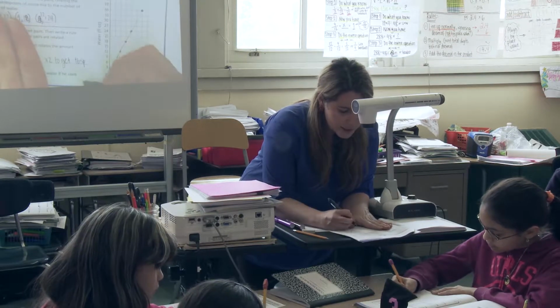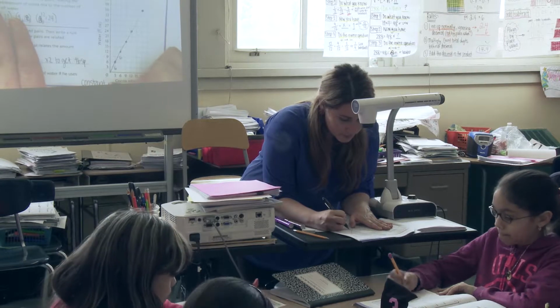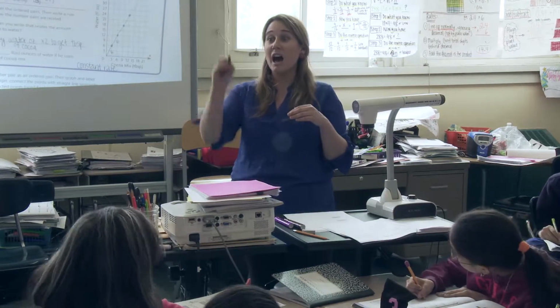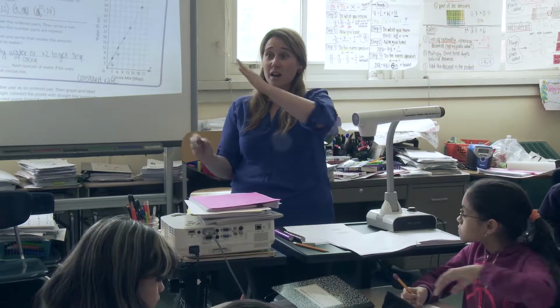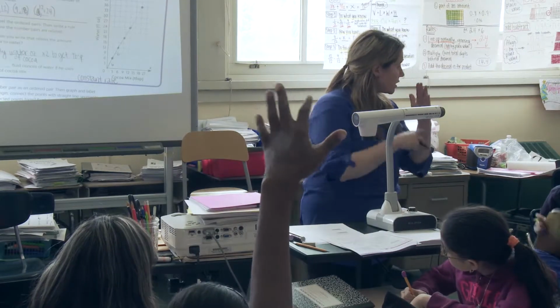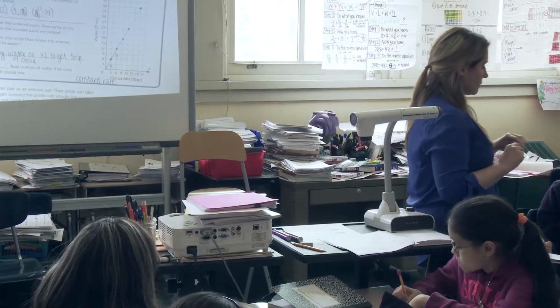This is increasing at what we call a constant rate. We saw an example this morning of a plant that grew a lot one week and a little the next week. That's not constant. These two are constant because the rule is the same each time. Okay?